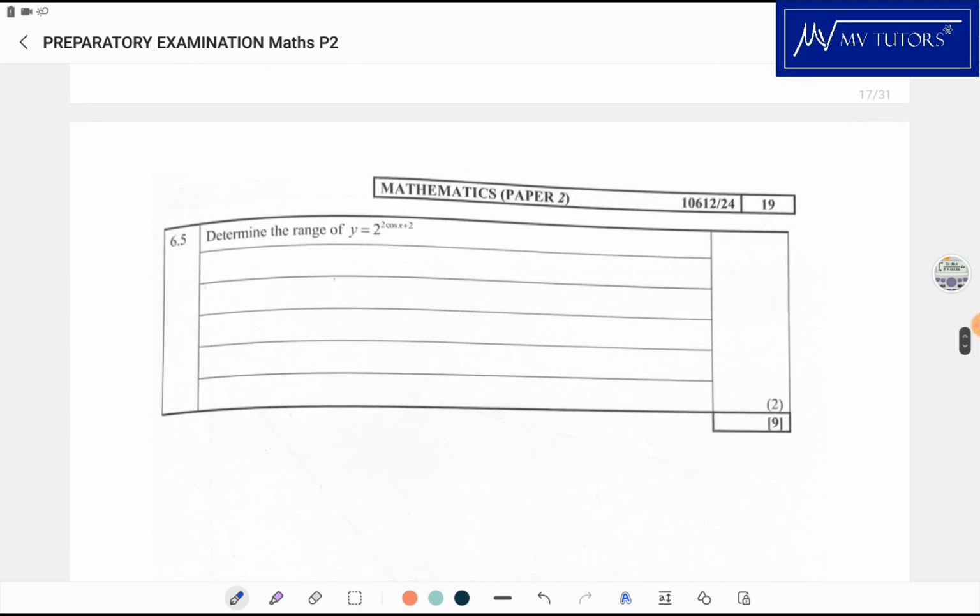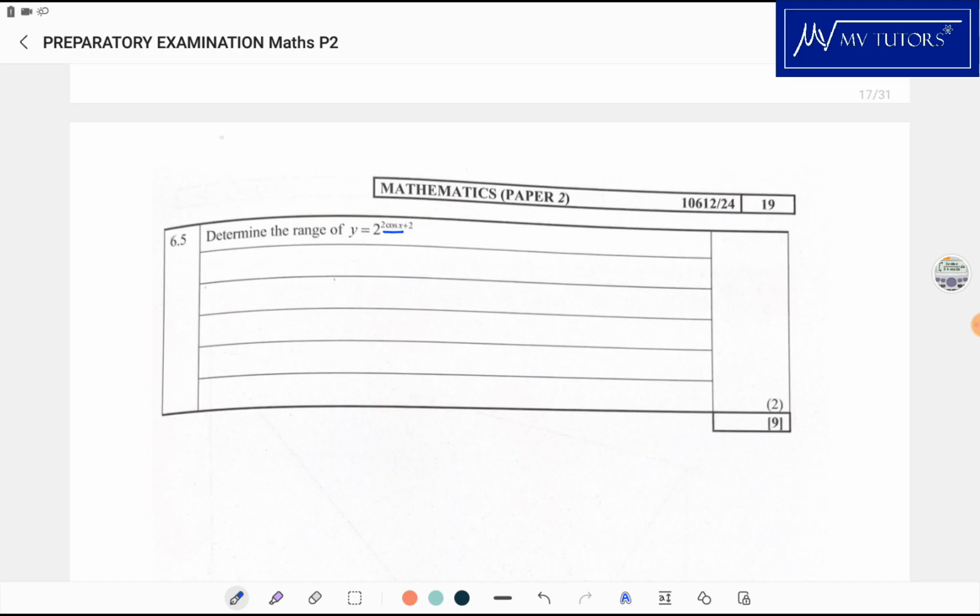Determine the range of y is equal to 2 to the power 2 cos x plus 2. Yeah, this is a challenging one. So if we're looking at 2 cos x alone, our amplitude is 2, right?